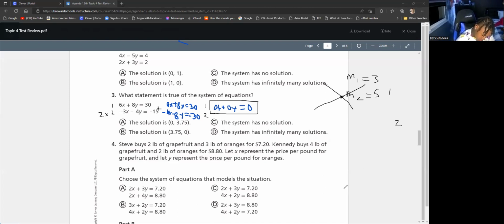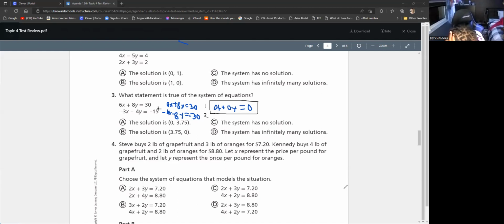All right. Any questions on that? All right. Let me see here. What number are we on? 4? All right, read number 4. Steve buys 2 pounds of grapefruit and 3 pounds of oranges for $7.20.